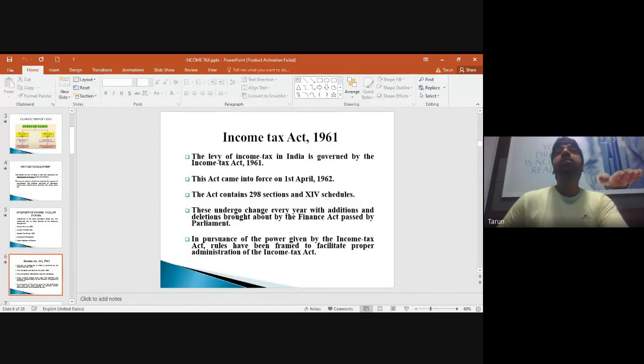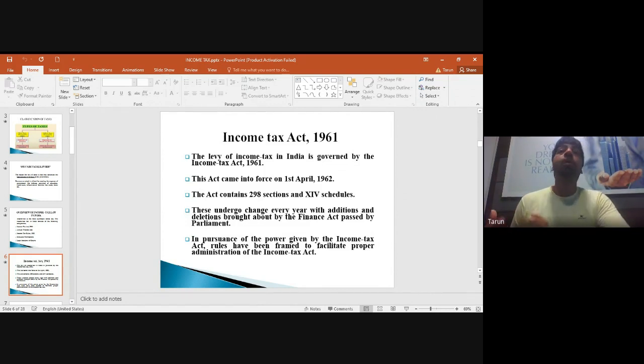Persons have different categories under the income tax law. A person is not only an individual. A person is also a company. A person is also a body of individuals. A person is also an artificial person. A person is also a juridical person.